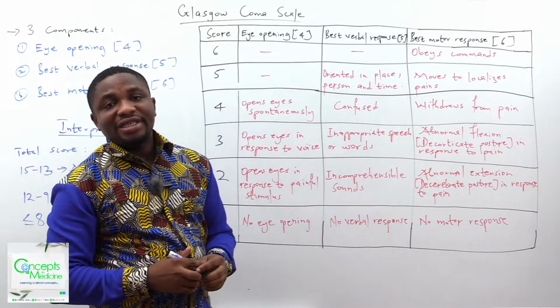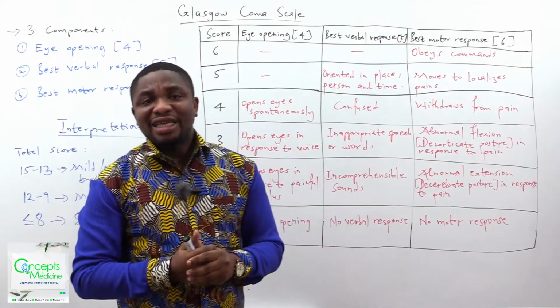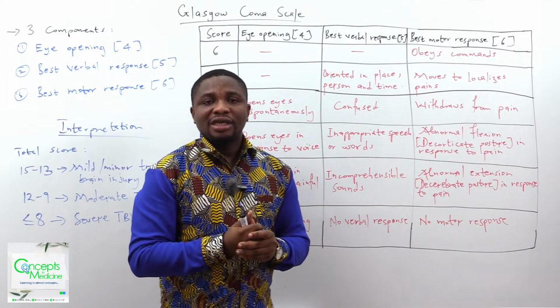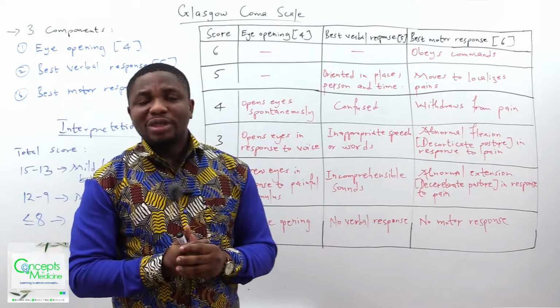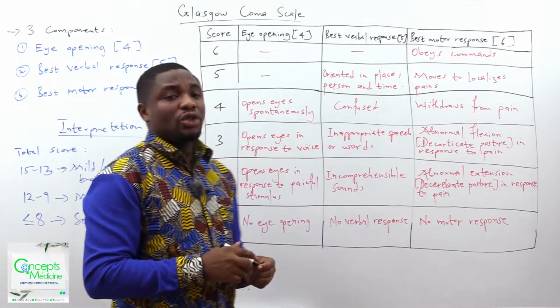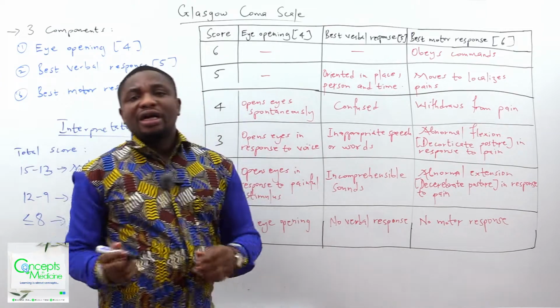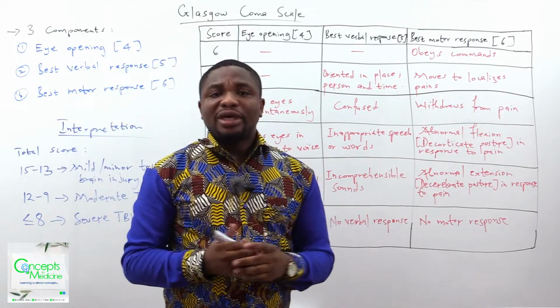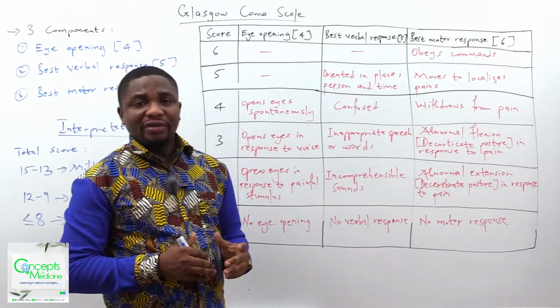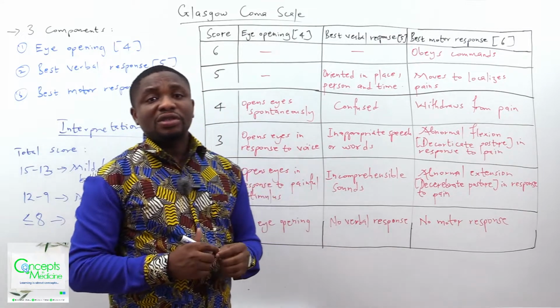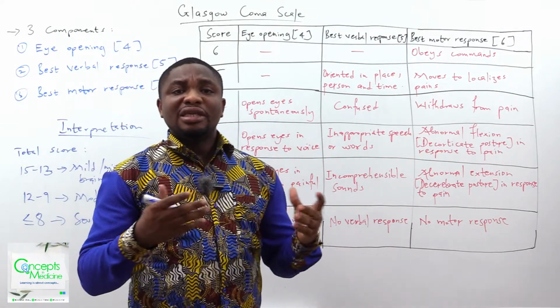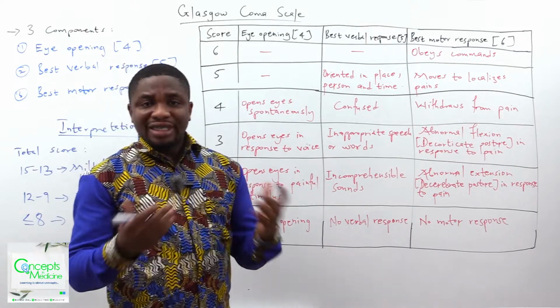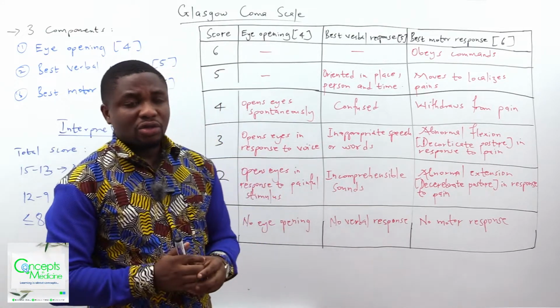The next one is the patient is confused, and that can be detected through speech. He says something and it looks like confused speech, and for that you give a score of 4. Then the next one, you give a score of 3 for the best verbal response if the patient utters inappropriate words or speech.